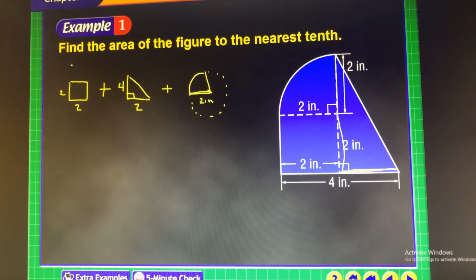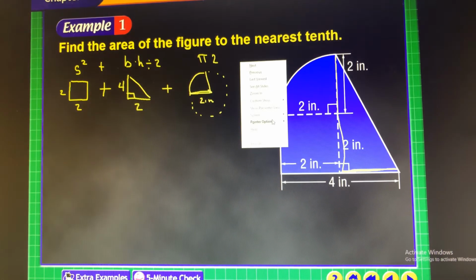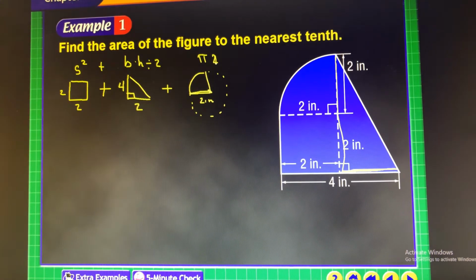Remember our formulas. This one is side squared, plus this one is base times height divided by 2 because it's half of a square, plus this one is pi r squared.